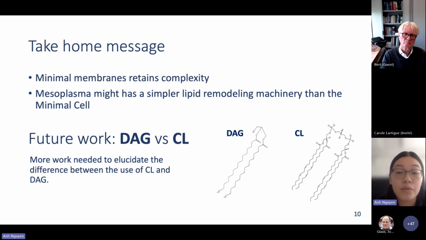So I would like to use syn3 and Mesoplasma in a more or less comparative biology case to see what the different roles of these two membrane systems are, and whether there is any benefit to using one or the other. And if there is actually a benefit to using the DAC system over cardiolipin, maybe we could even think about introducing the Mesoplasma system into syn3 and hopefully increase its robustness.